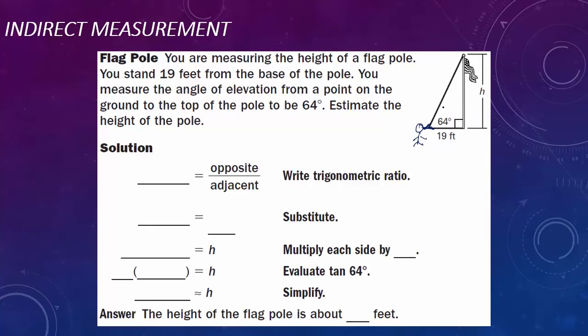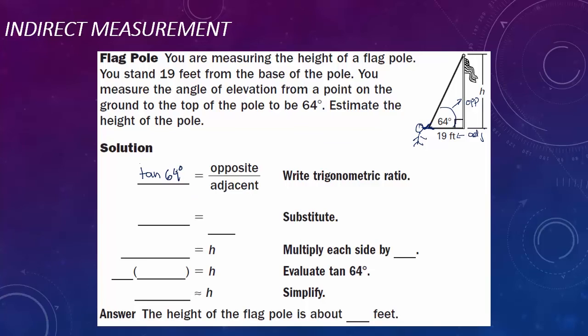So I'm looking at the 64 degrees and I'm saying, okay, in relationship to this 64 degrees, that is my opposite. And in relationship to this 64 degrees, this 19 feet is my adjacent. So I know that I am going to use the tangent function because tangent is opposite over adjacent. So I can write tangent of 64 degrees is equal to the opposite over adjacent.